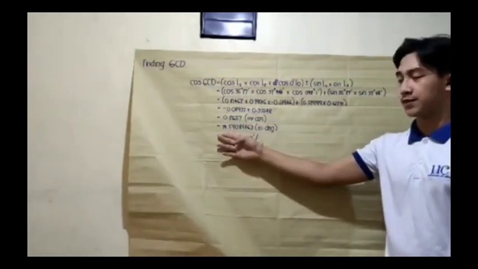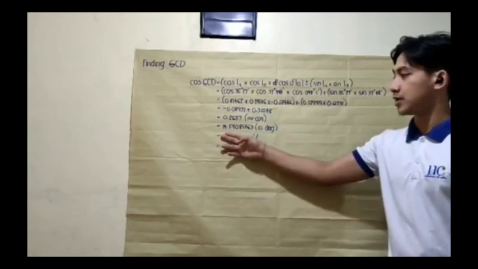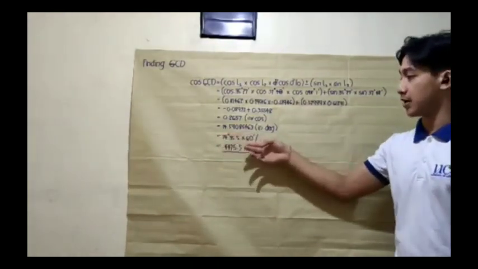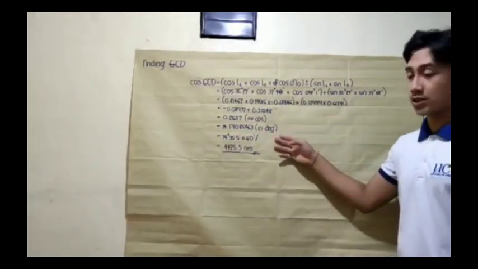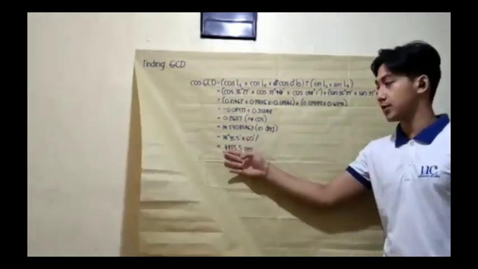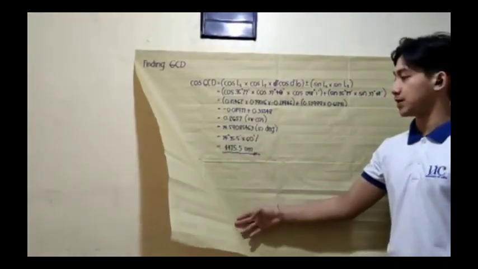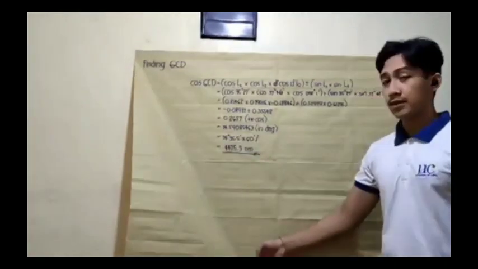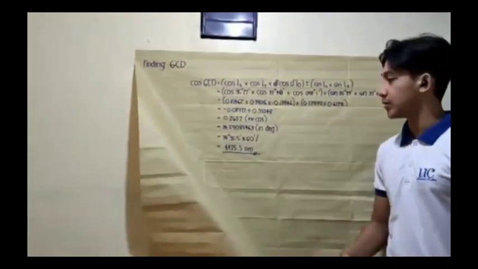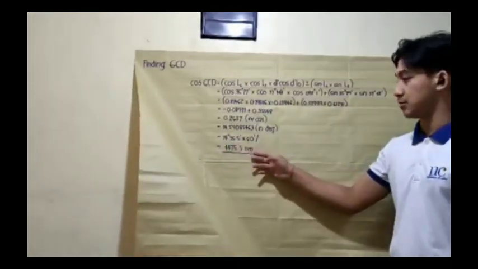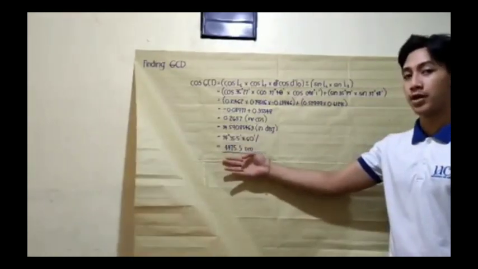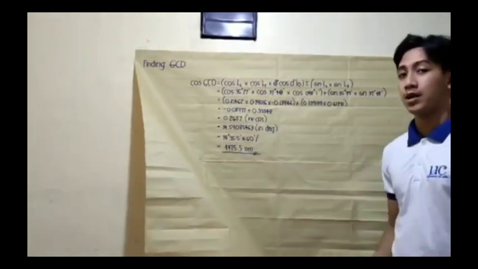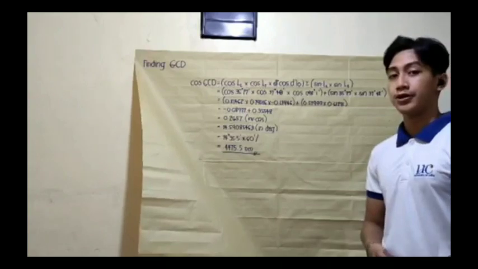Then we will get this value, which is 74.59085463. Then convert it into degrees, and we will get 74 degrees 35.5 minutes. Then on getting the distance, we will just multiply it by 60 minutes. So here we have our distance, which is 4,475.5 nautical miles, and that is our GCD.